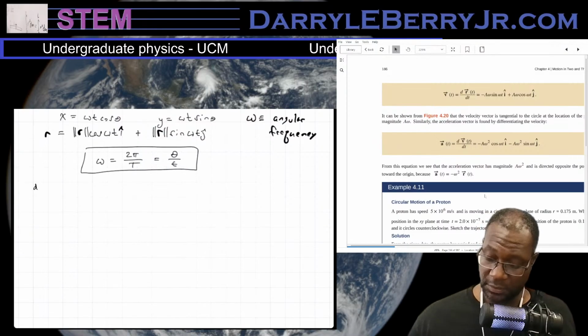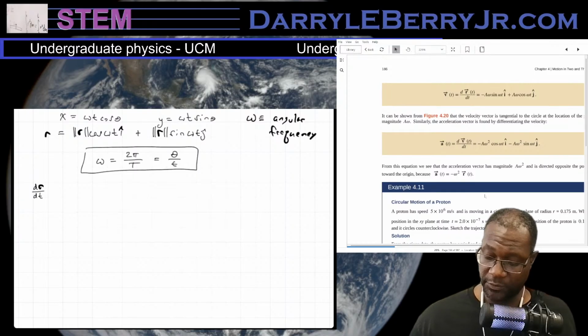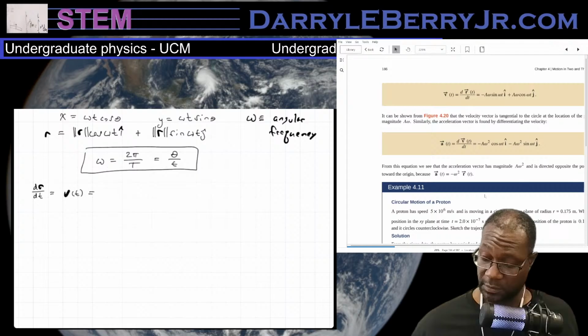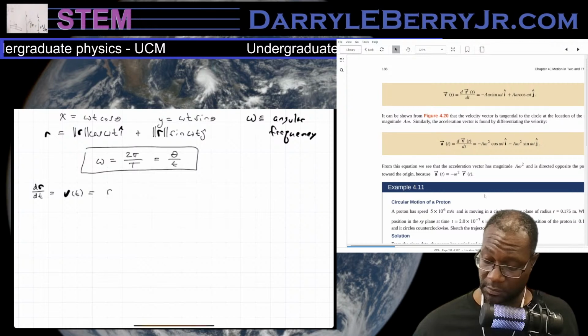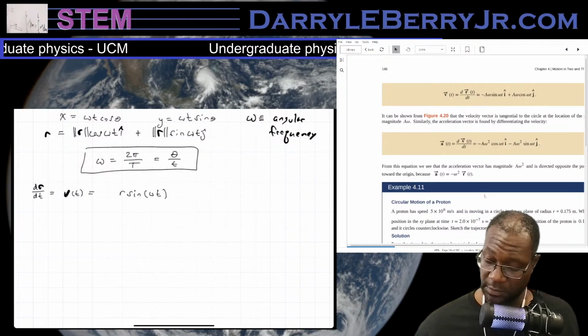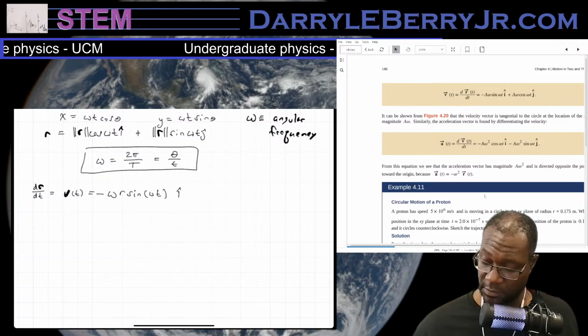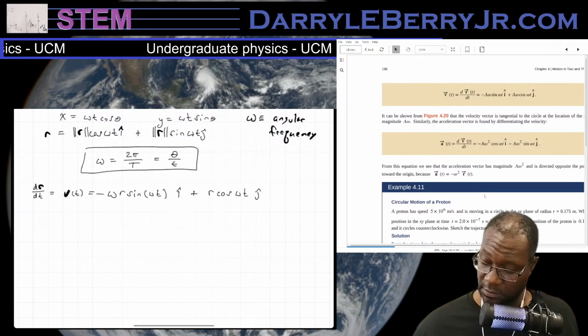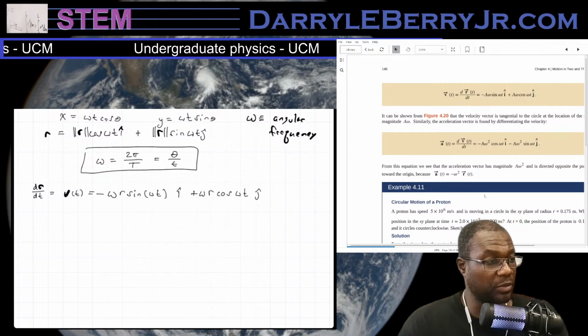So dr over dt equals v of t equals r times minus omega sine omega t i plus r omega cosine omega t j. We have omega, so that looks to be right.